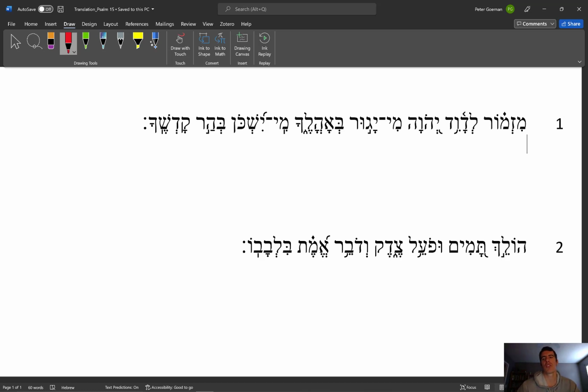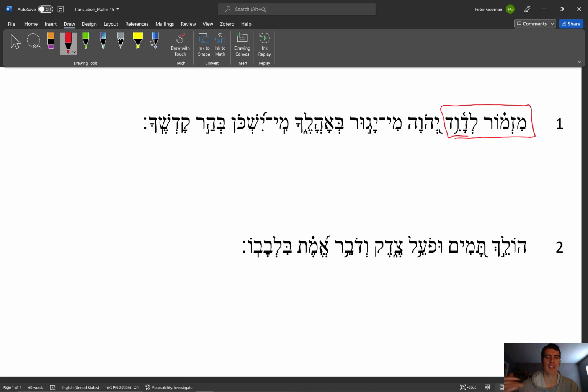So first verse here of Psalm 15, Mizmor LeDavid. So a Psalm of David. That's typically how you have a Psalm of David phrase, Mizmor LeDavid. But you could also have LaAsaph, LaShlomo, of Solomon, of Asaph, etc. So this is typically a superscript in our English Bibles.